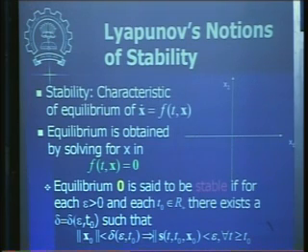You have only x1 and x2 here. Given some epsilon, the norm of x1 and x2 less than epsilon means your x should lie within this circle defined by epsilon.